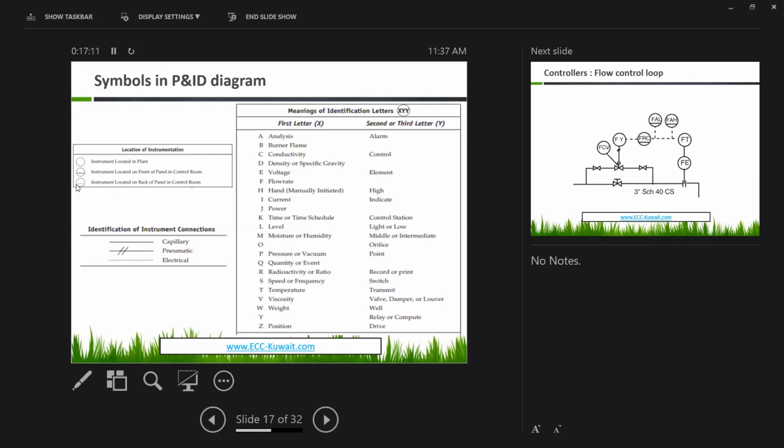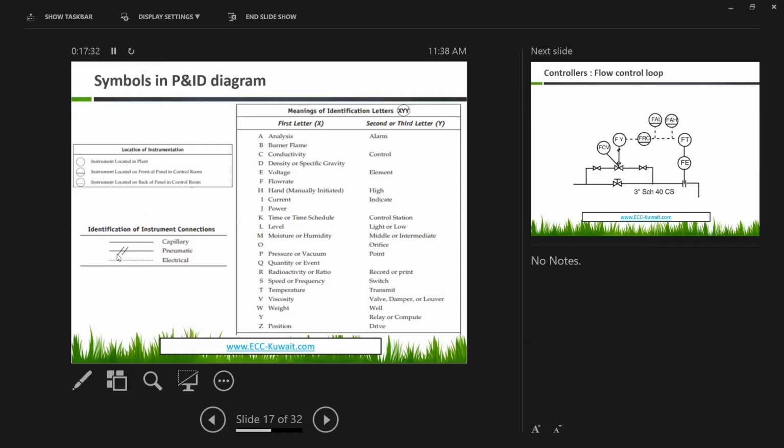And if we have a dashed line inside the circle, the instrument is located on the back of the panel in the control room.